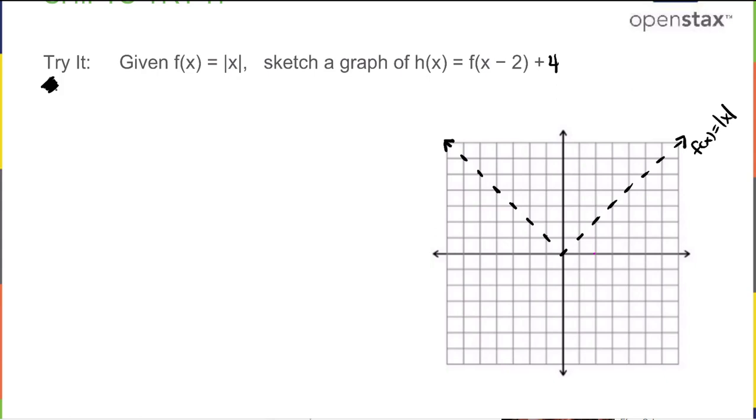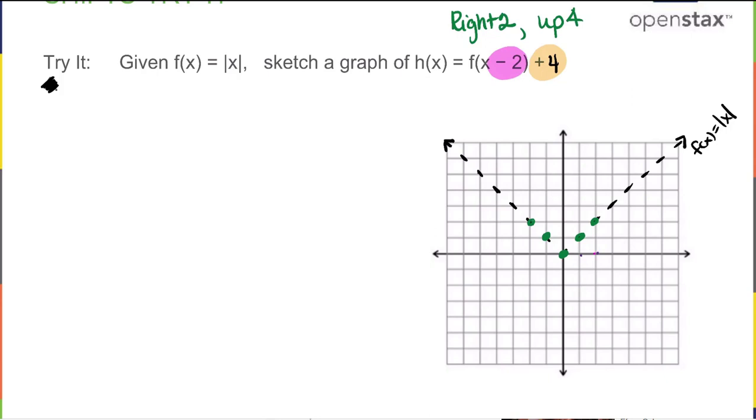So let's look and see what it is that we're going to do here. What does that tell us to do? That tells us that we are going to go right 2 places. And this tells us we're going to go up 4 places. So we're going to take each of our points, and I'm just going to take a couple here, and we're going to move right 2 and up 4.